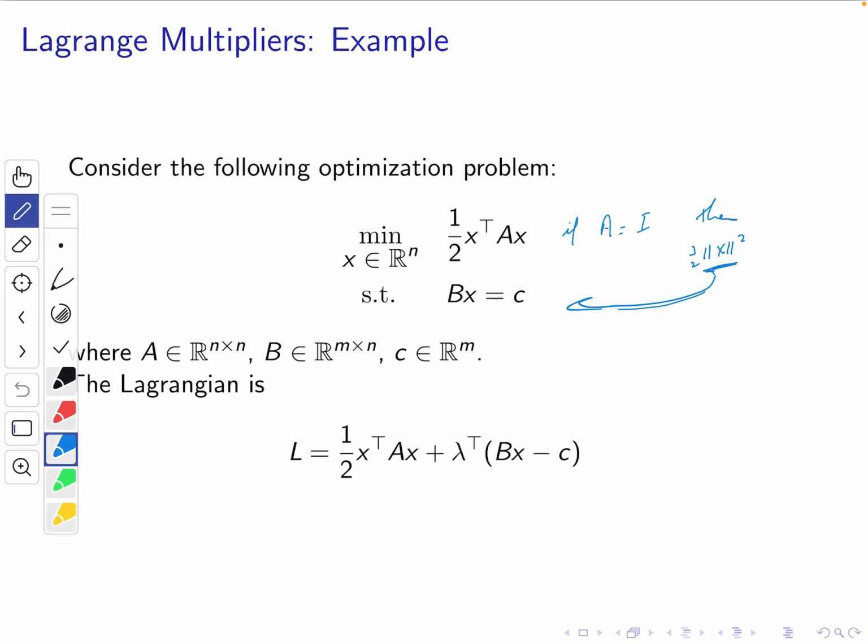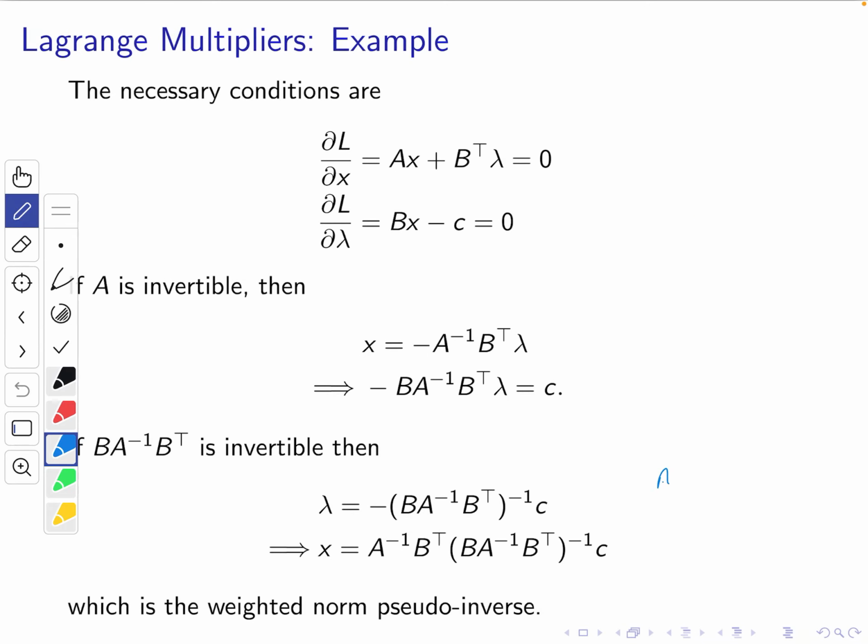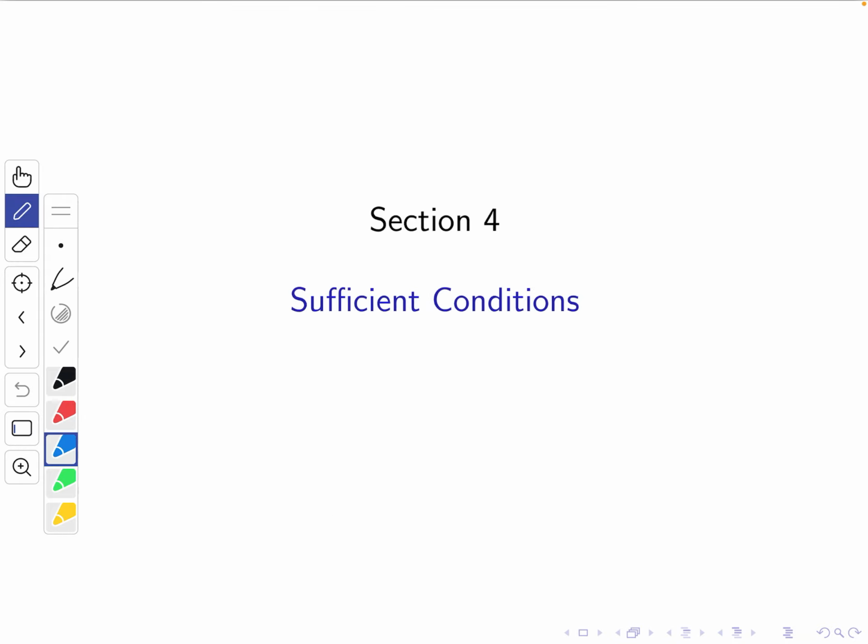You're minimizing the norm subject to a linear constraint. In that case, where A is equal to identity, this thing looks like B transpose times the inverse of B B transpose times c, and that's just our pseudo inverse for min norm problems. So A inverse becomes the weighting, and this is just a weighted norm pseudo inverse, but obtained very nicely with Lagrange multipliers.